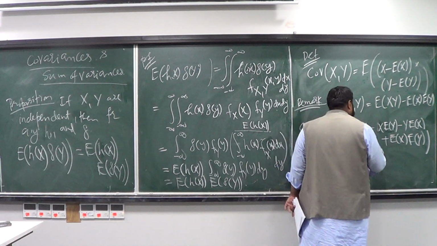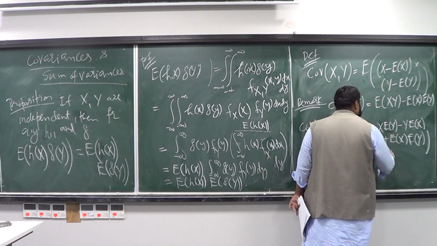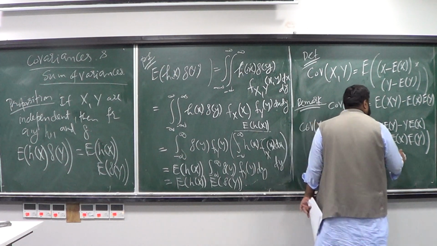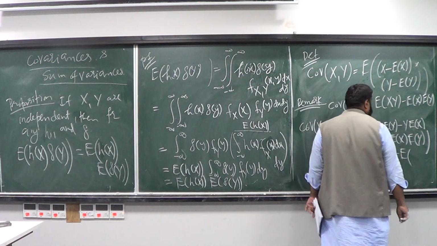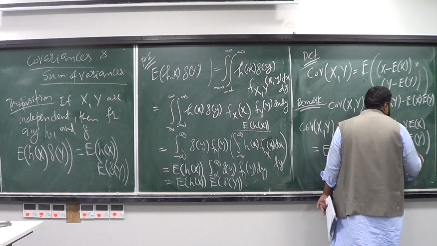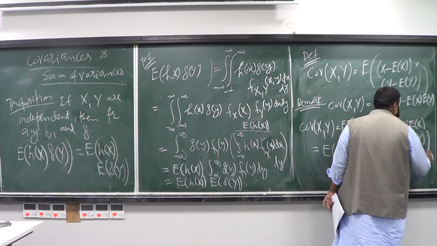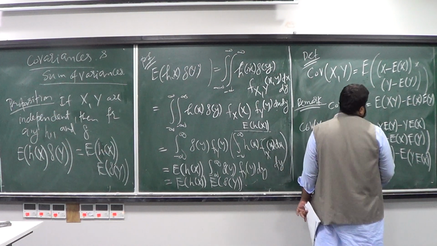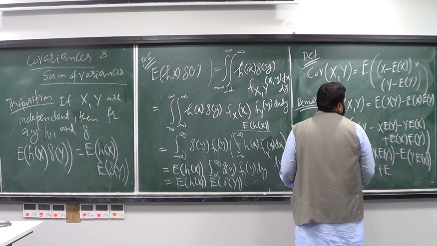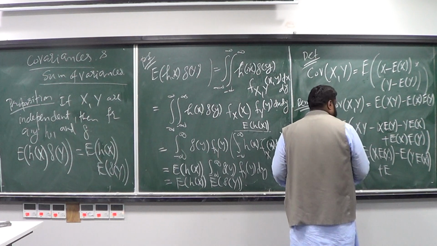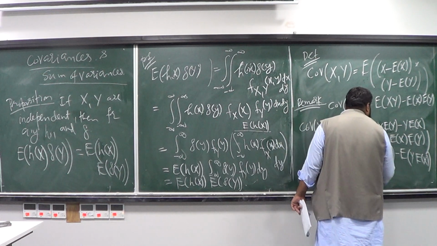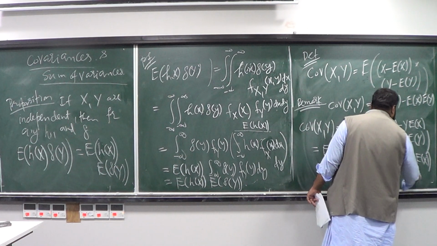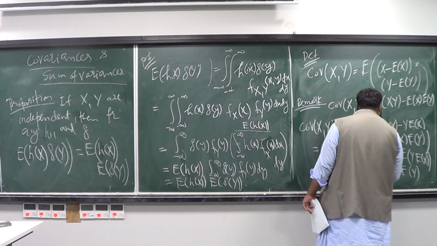In other words, this is going to be expectation of xy minus expectation of y times expectation of x, and plus expectation of, is it going to be plus or minus? It is going to be plus. Yes, plus expectation of x times expectation of y.